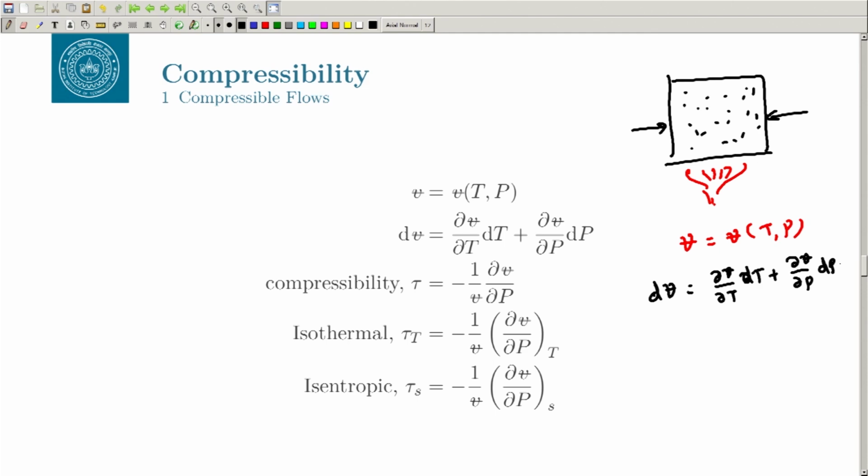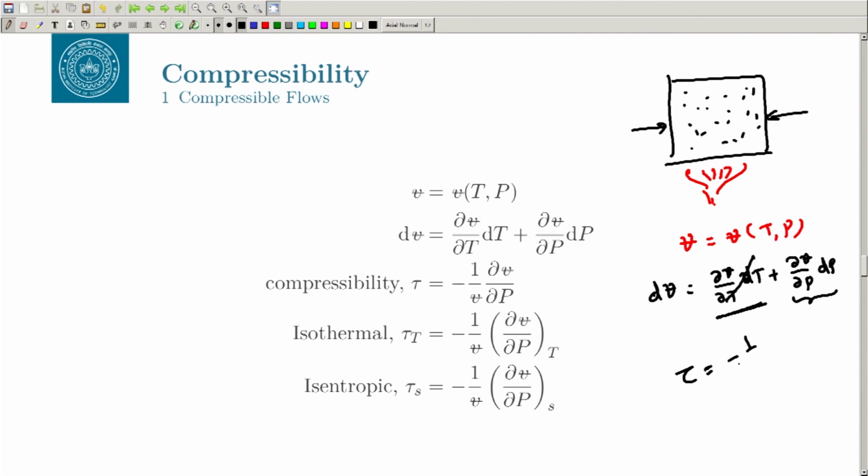We will call our fluid compressible if there is a great change in volume due to the application of pressure. The change in volume due to temperature is not considered as the compressibility property of the fluid. So, we will define our compressibility tau as equal to minus 1 by V del V by del P. Why is there a minus sign?